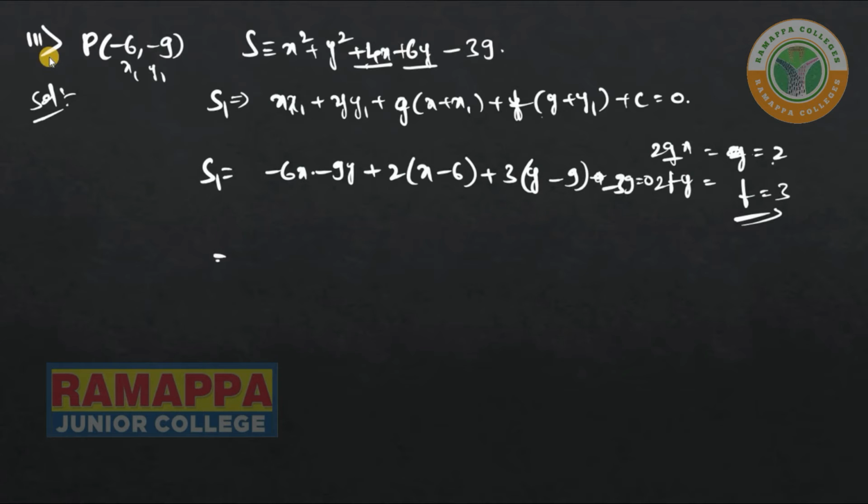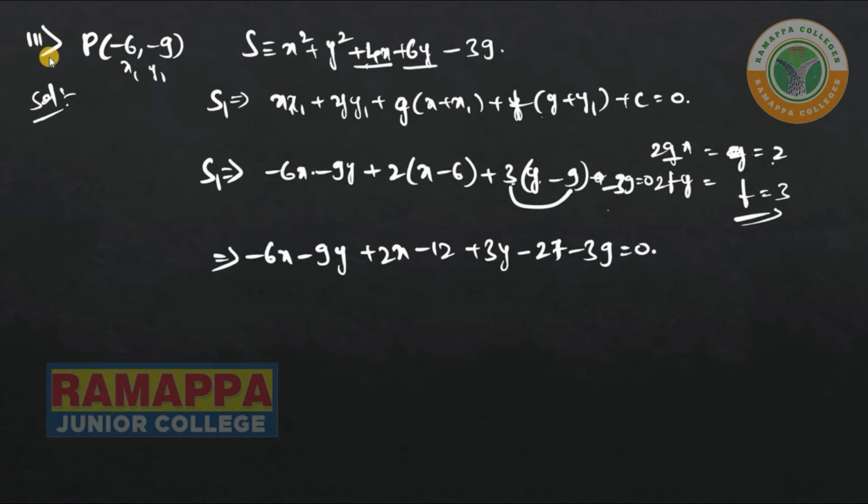So it will become minus 6x minus 9y plus 2x minus 12, plus 3y minus 27, and minus 39 is equal to 0 here.